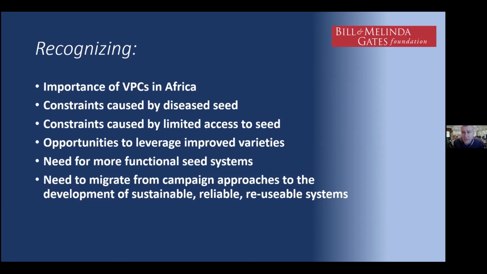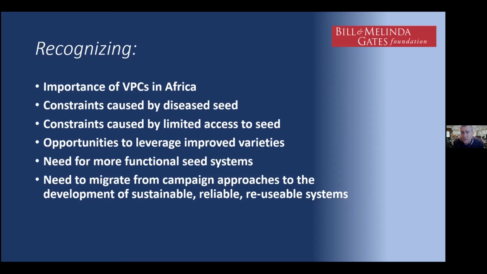Part of our philosophy is we'd like to see really functional seed systems that can function on a more reliable and sustainable basis. So not temporary injections of new varieties through campaigns or giveaways of improved planting material that are sporadic and unreliable, but rather a system so that farmers know where they can go every year and secure planting material of improved varieties in a reliable way.